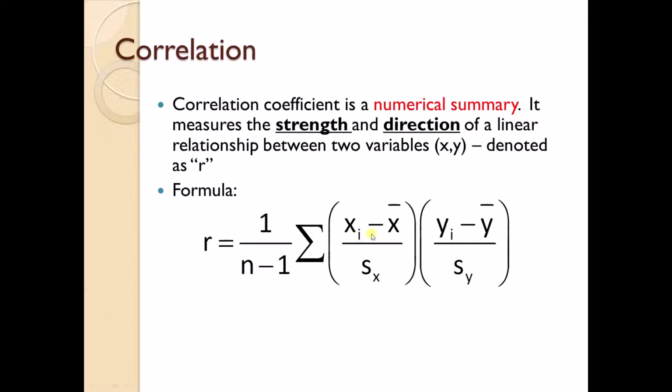All right, x sub i are just the x values that you would see in an ordered pair. And from that, you're subtracting the mean and dividing by the standard deviation for your x's. And then you have all of your individual y's taken from ordered pairs minus the mean of the y's divided by the standard deviation of the y's. Do these two things look familiar?